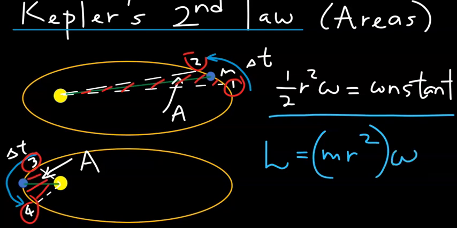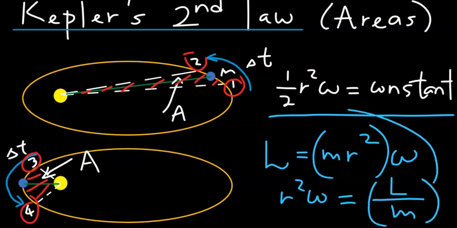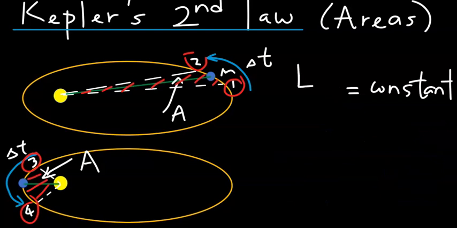So by substituting r squared omega as angular momentum over mass inside this equation, we find the left-hand side of this equation can be written quite simply as the angular momentum over 2 times the mass of the planet.